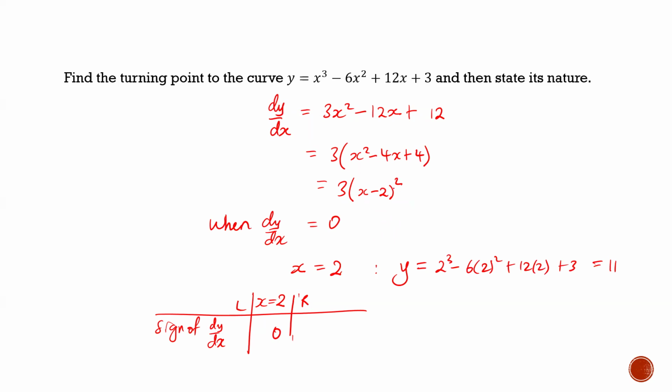It's going to give you a negative, but you're going to square it. So you're going to get a positive there, and you're going to get a positive there as well. So you're looking at positive, 0, positive, and therefore the point (2, 11) is a point of inflection, and that's how we conclude that question. So you realize that this table is key to determining the nature of the turning point that you're finding.